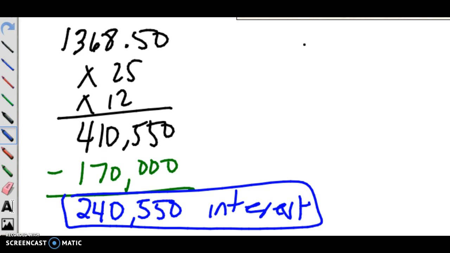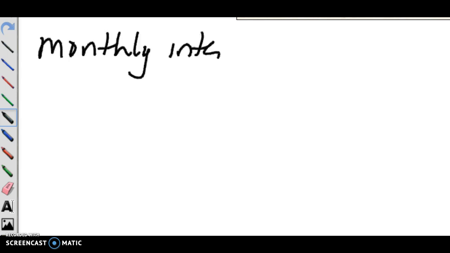And then the last part of the question asks us to find, of the first mortgage payment, how much of that payment is applied to the principal. So in other words, they are asking us to do two things. Find the monthly interest. So we're going to use a simple interest formula.